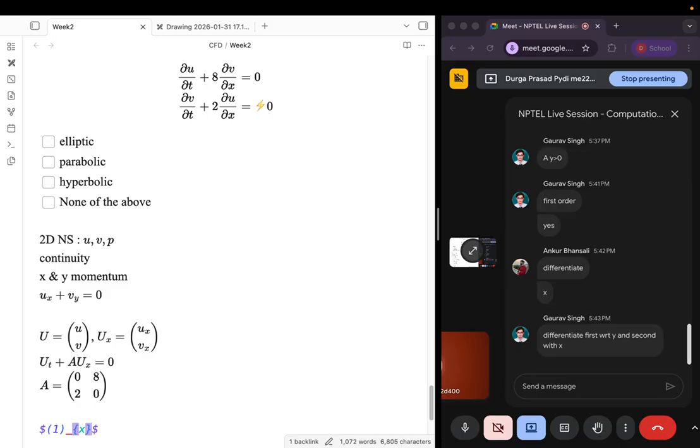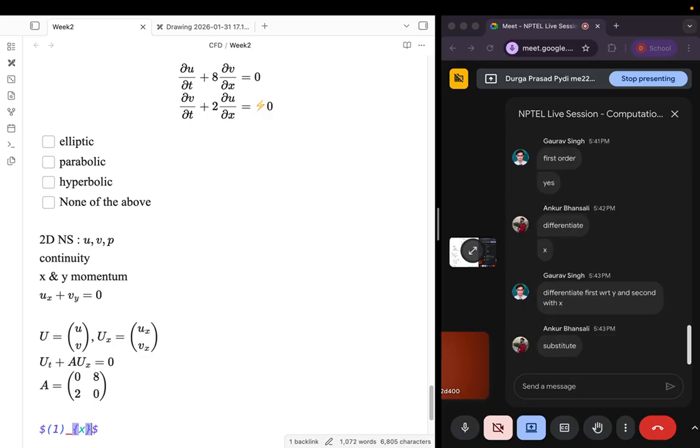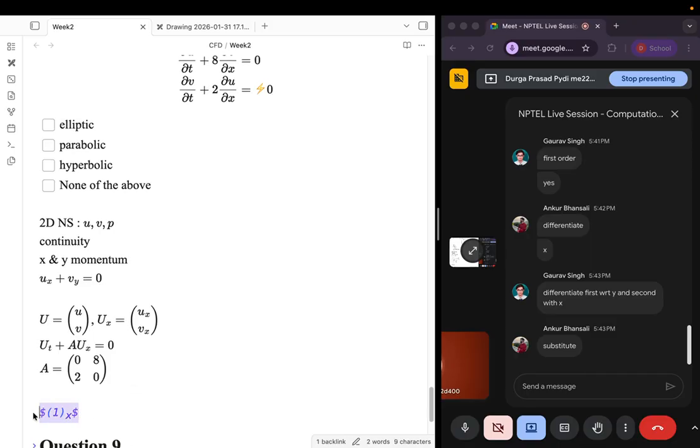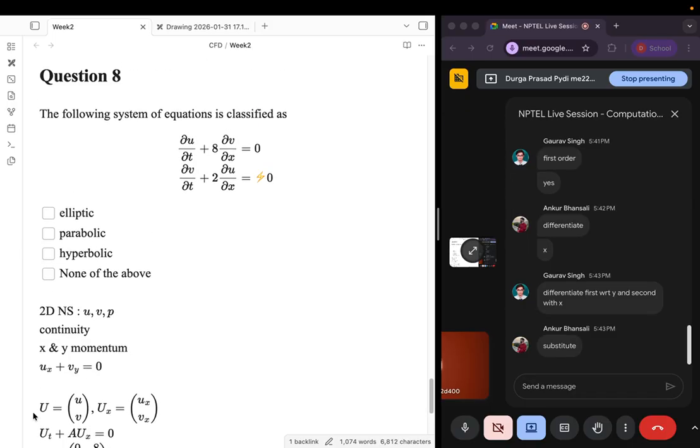But still that wouldn't solve the problem, right? Can you do the transformation and tell me the final second order equation that you will be getting? You can wait for a couple of minutes and give it a try. These are the equations.